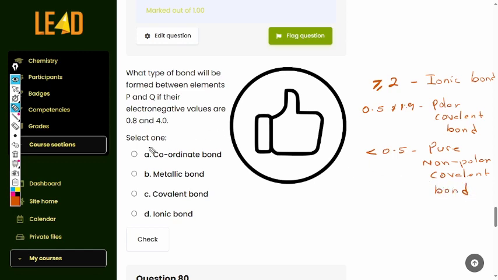Alright, so let's get the difference between this and this. If you do 4 minus 0.8, you're going to have 3.2. And 3.2 is above 2. So you definitely have an ionic bond. Okay, so the answer here is D.